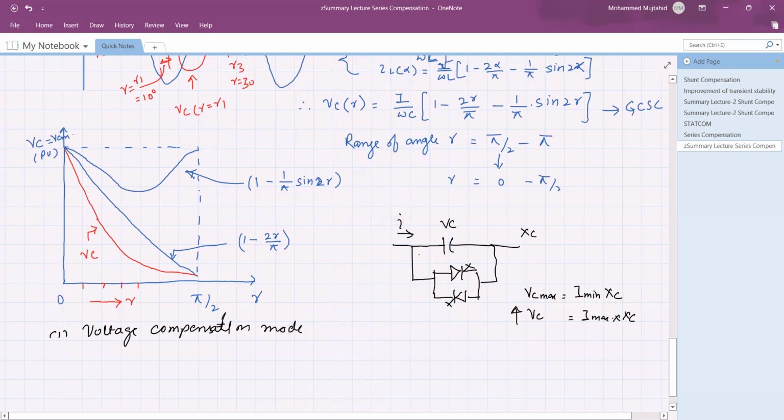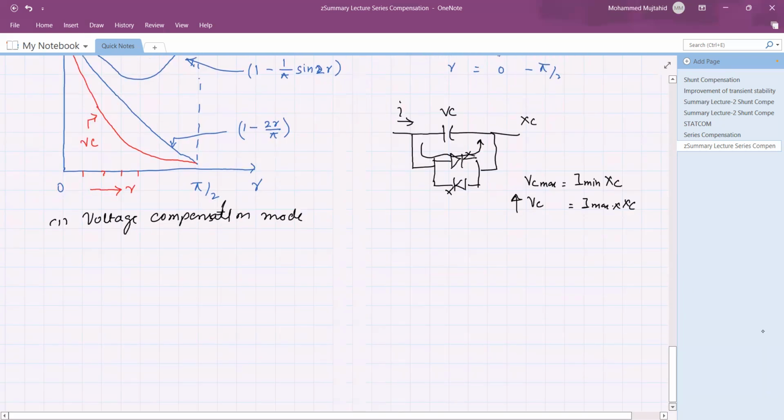But part of the current is conducted from the JTOs in such a way that the voltage across capacitor will remain constant. So that is called voltage compensation.